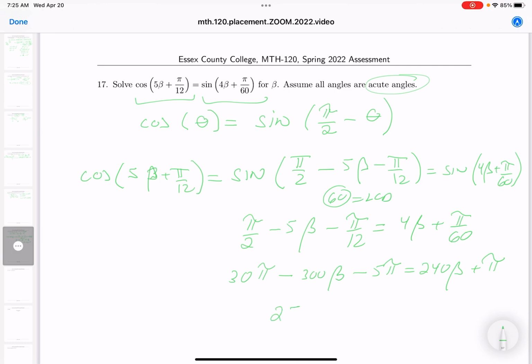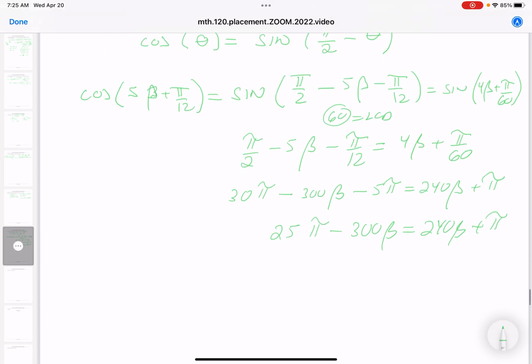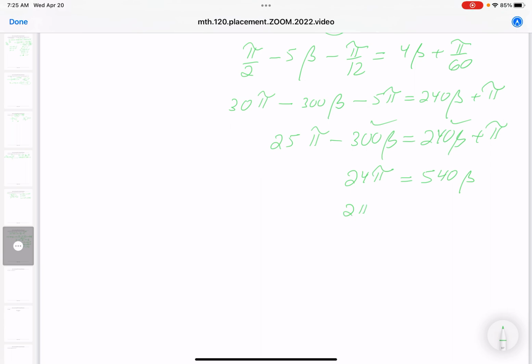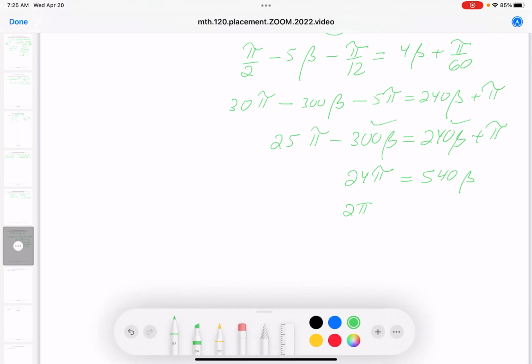Let's see what you get, 25 pi minus 300 beta, 240 beta plus pi. Wow, tough problem, huh? Let's see, 540 beta. And let's see, 24, right? And then I want to know what beta is. And wow, that looks like a tough one, doesn't it? Let's keep writing that down. 24 pi. Whoops, that's not 24 pi, is it?